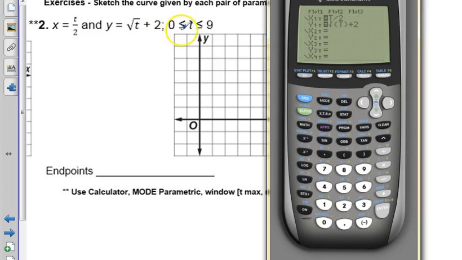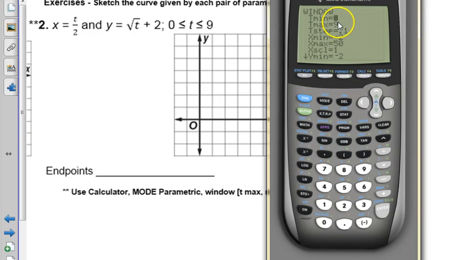Okay, we're not ready to graph this yet because we have to set up the window. The T window goes from 0 to 9. That is part of the window. We're going to put 0 to 9 for the min and max. Can you just think with me for a minute here? When we made our little table, we counted by ones, right? So you could put a 1 in here and it would work. The T step is how often the calculator is going to calculate as it goes from 0 to 9.